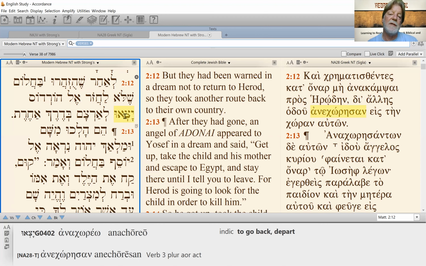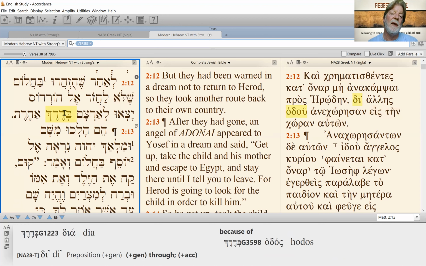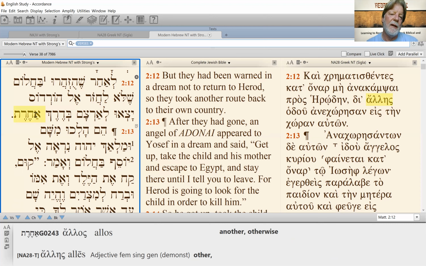After they'd been warned, Yatzau, they went la'atzam, to their land, lamed prefix, meaning to their land. Eretz is the Hebrew word for land. Atzam is their land. So the suffix am means theirs, the wise men's land. Baderek, in a road or in a path or a route, acheret, another route.